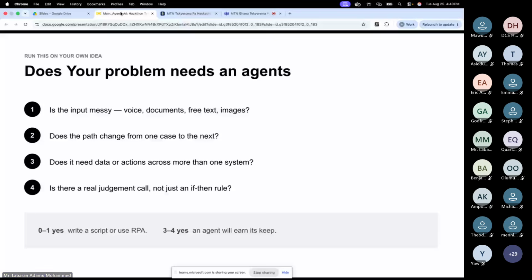I think the third one doesn't need data or action across more than one system. Yeah, I think so, because we need a lot of different data, like traffic data, different data like weather. Because if it's cloudy and it's about to rain, the trotro people change their demand.